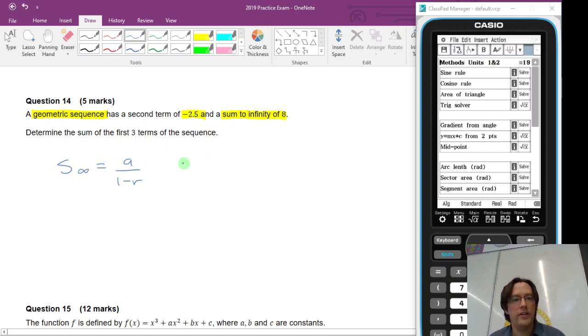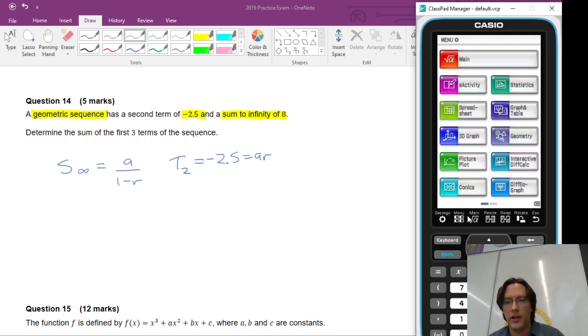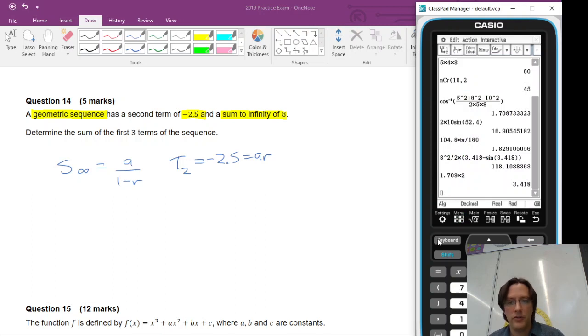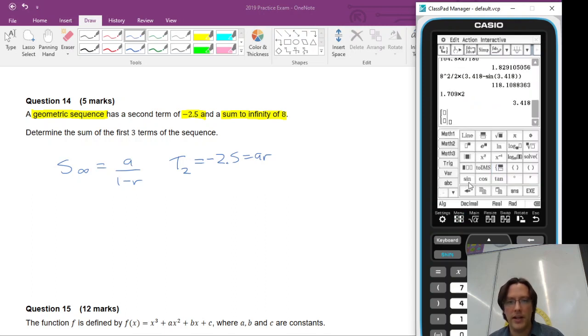And our second term, term 2, which is negative 2.5, is equal to a times r. Because we've got two equations, we can just throw them in a calculator.